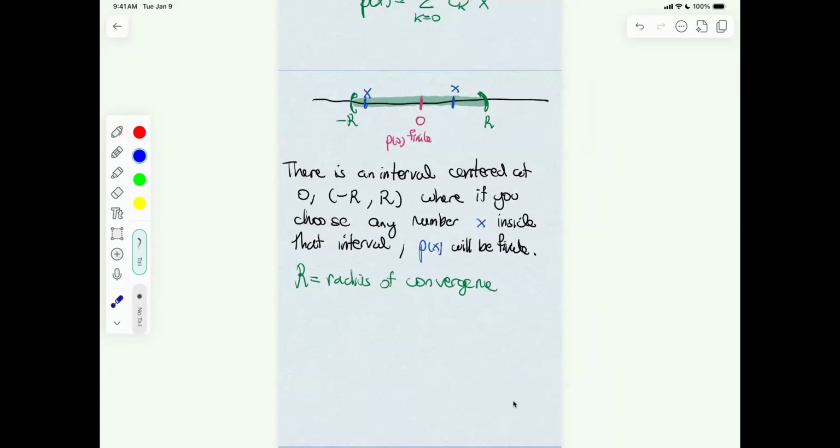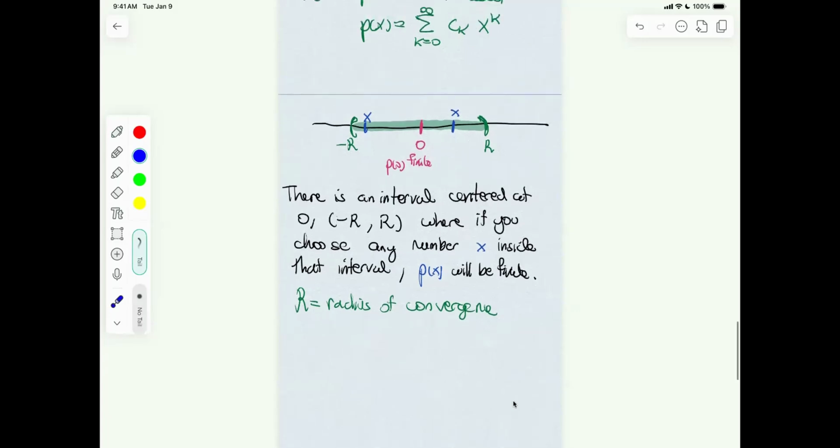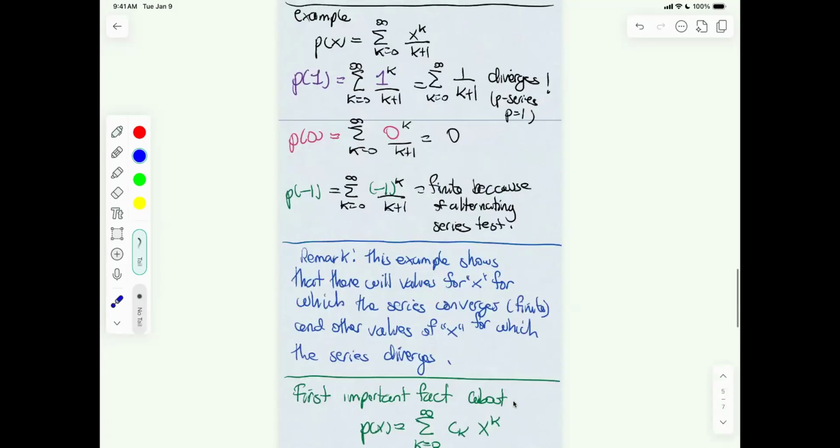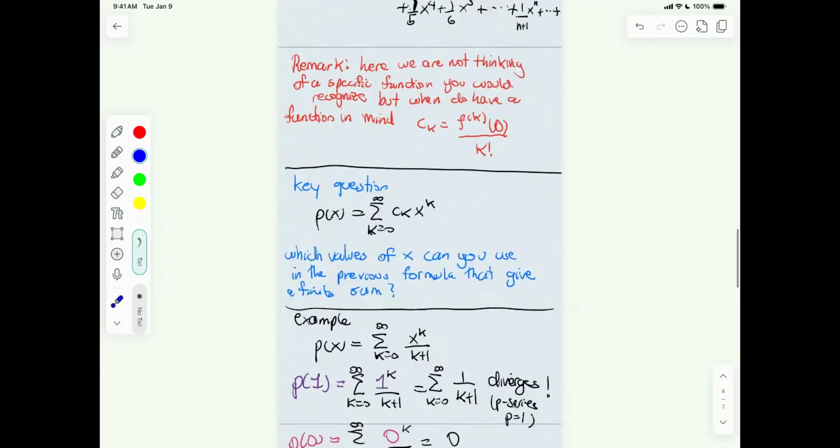Does finite mean that it matches the function? Well, that's the thing. Right now I'm not thinking about a specific function. If I had chosen this particular formula for the coefficients, then it would mean that it matches the value of the function there.